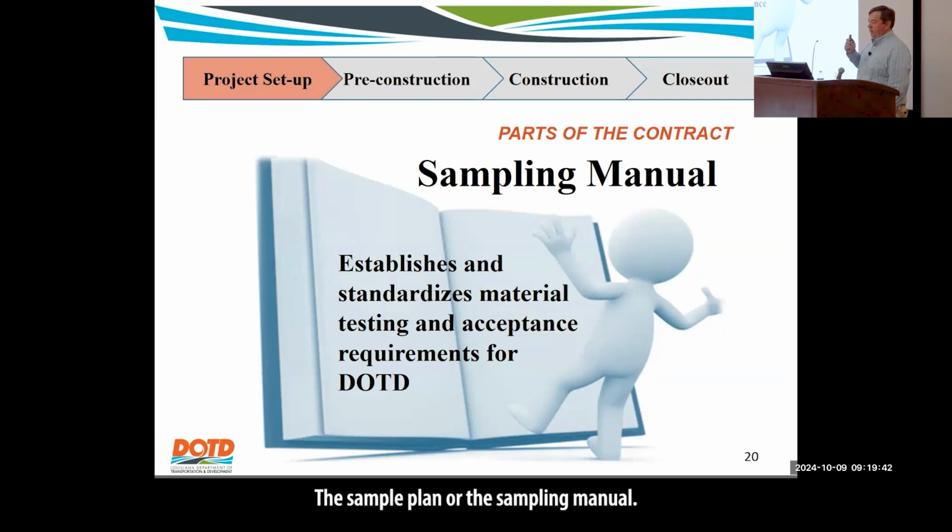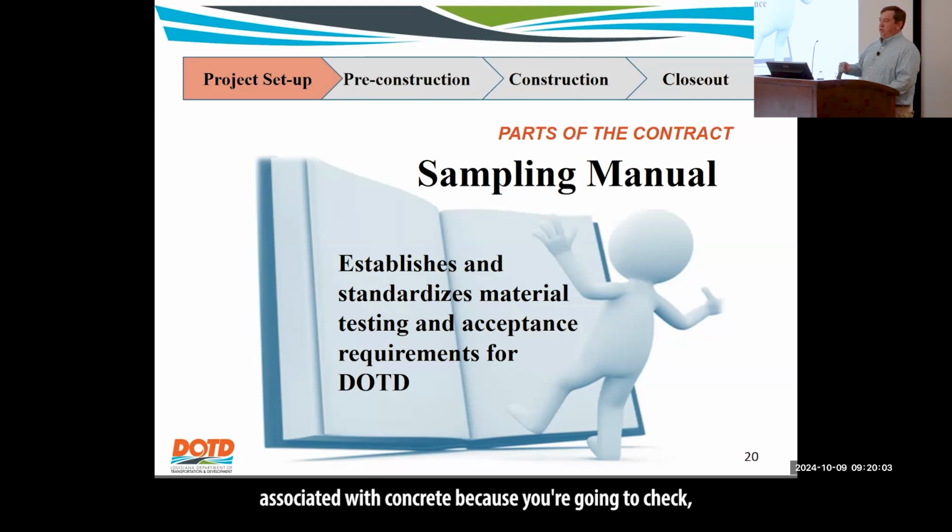The sample plan or the sampling manual, again, you can find that online. It's a pretty robust document. Again, it goes over all the frequencies for the various items that you might have in your contract and breaks it down, kind of like I mentioned before, concrete. You'll have a bunch of different tests associated with concrete because you're going to check the aggregate that's going in there.